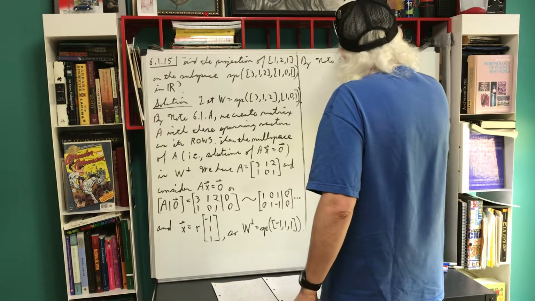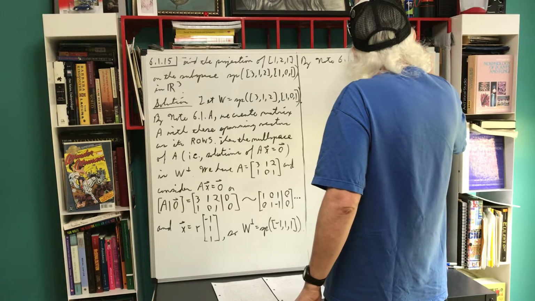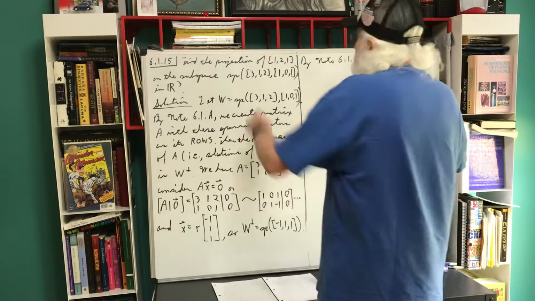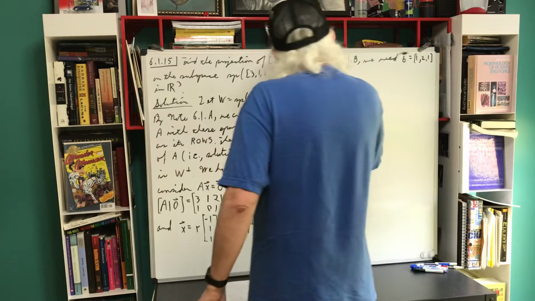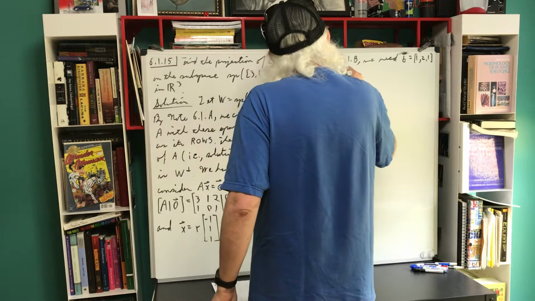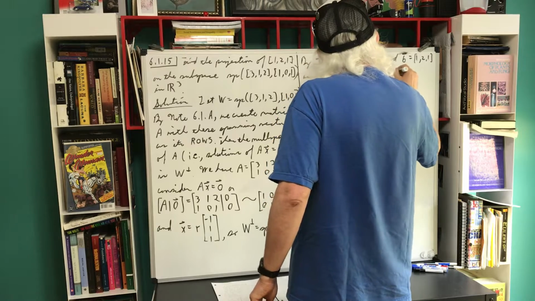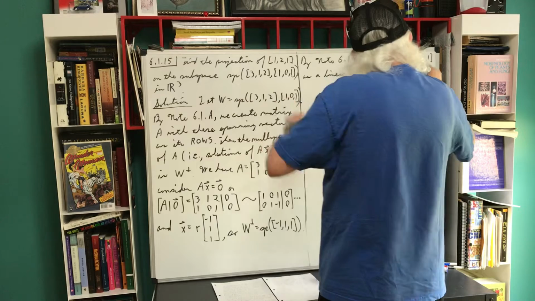We need vector B, the vector they gave us, this guy, 1, 2, 1, as a linear combination of the ordered basis.